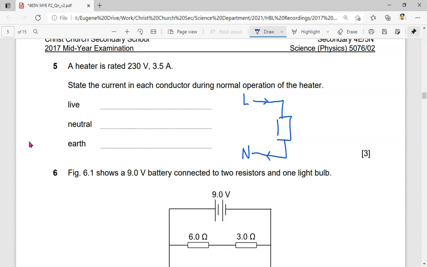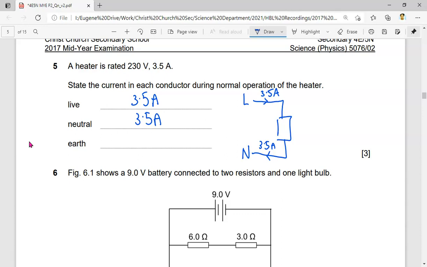So you can see the whole thing here is in series. If the heater is rated 230 volts, 3.5 ampere, it means that in normal operation, it needs 3.5 ampere of current. The voltage across it will also be 230 volts. So if the current going in is 3.5 ampere, and because this is a series circuit, the current coming out must be 3.5.